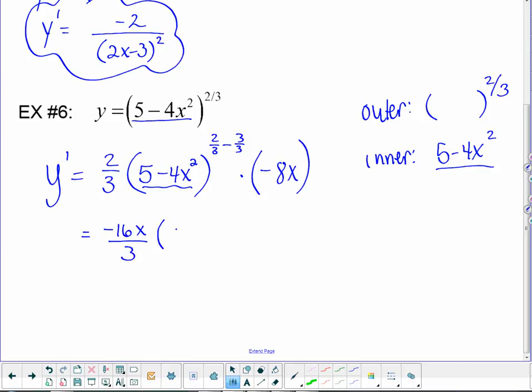And then I have 5 minus 4x squared raised to the negative 1/3. That will look like negative 16x over 3 cube root of 5 minus 4x squared. There's our y prime.